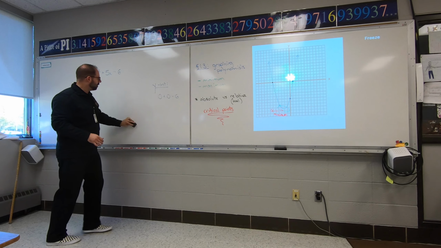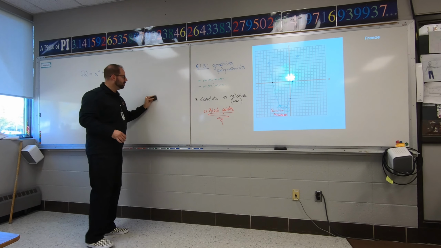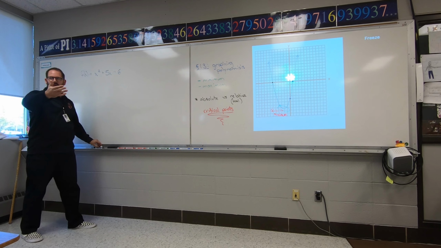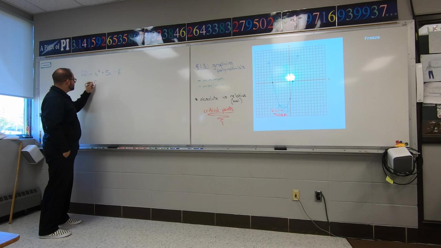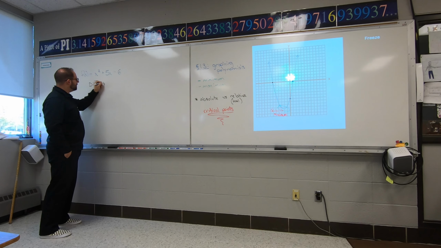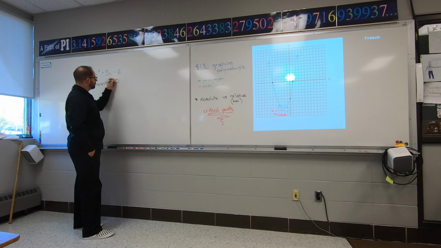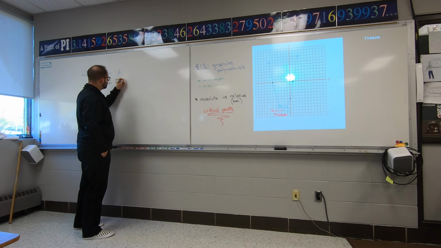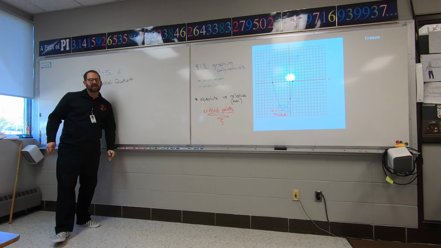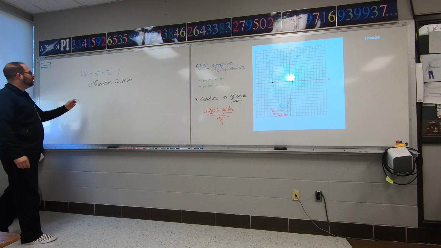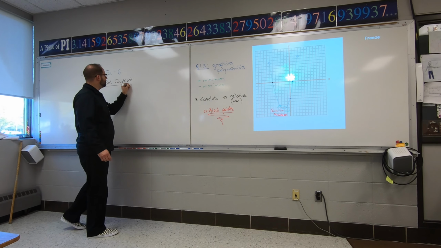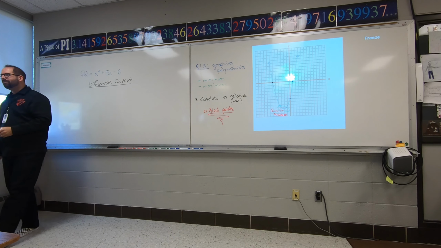What we're going to find is the absolute minimum on this particular graph, because I already get a sense of where it's going. To do that, we're going to use something called a differential quotient. It is a formula that will help you identify where the lowest point will be.